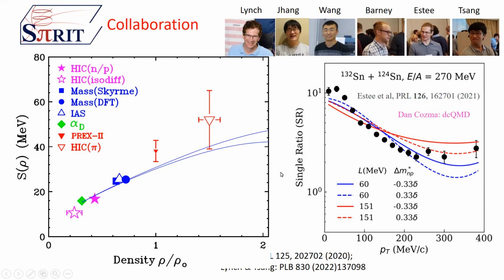Because pi minus and pi plus have different Coulomb interactions, you expect an increase at low PT values. Then we try to do the double ratio, and the double ratio experimentally does not cancel all the Coulomb effect, but for the transport model it does.